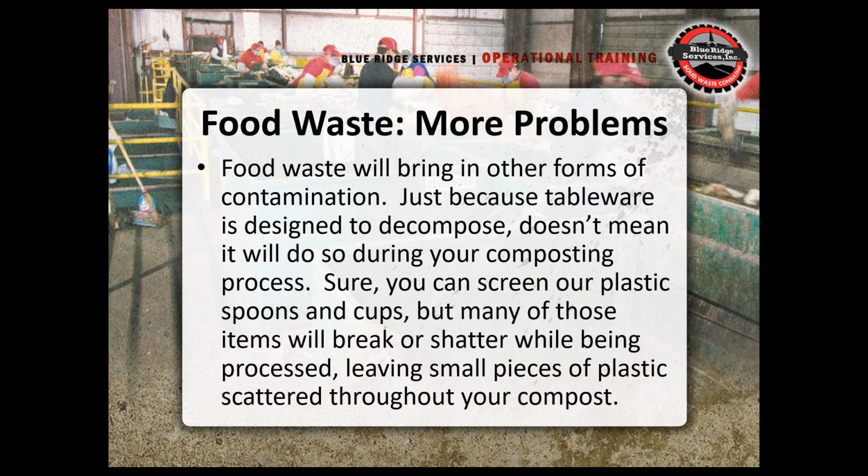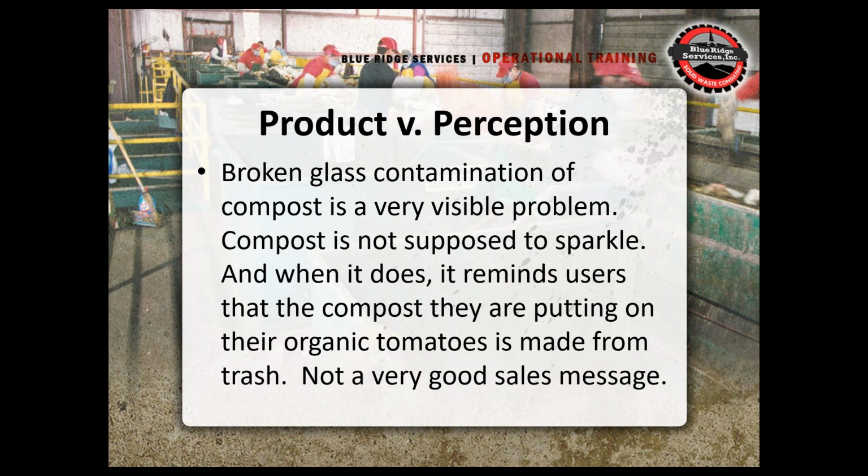The problem was it did not biodegrade in the short duration of time that was required to compost the other organics, and so we ended up with this plastic tableware coming out and having to be screened out, and unfortunately a lot of it broke, and we ended up with a lot of plastic and leftover stuff that would eventually decompose, but it didn't during the compost process, and folks don't like that.